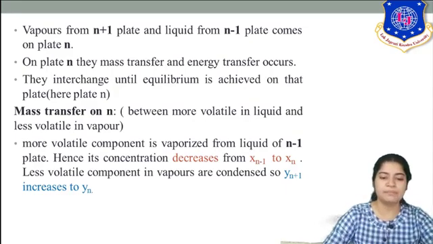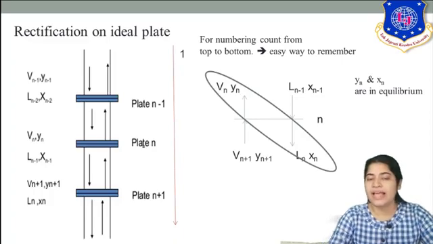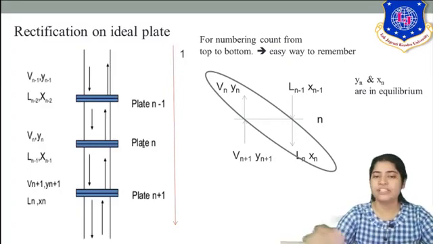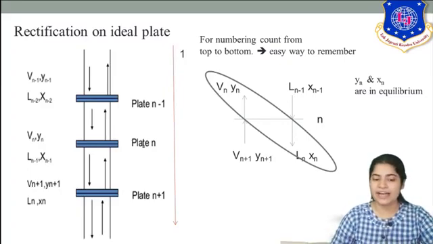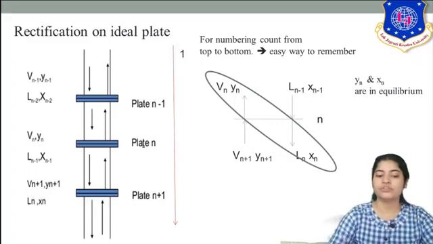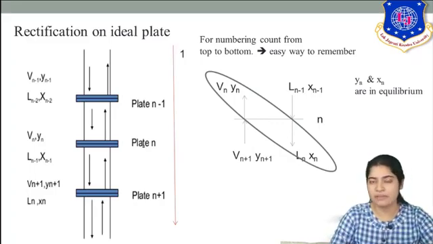Now you can see in plate N, liquid from the N minus 1 plate is coming. So its mole concentration of the more volatile component is what? Xn minus 1. That is the composition of the more volatile component in the N minus 1 plate. It comes on plate N and will interact with vapors coming from N plus 1, whose composition is Yn plus 1.